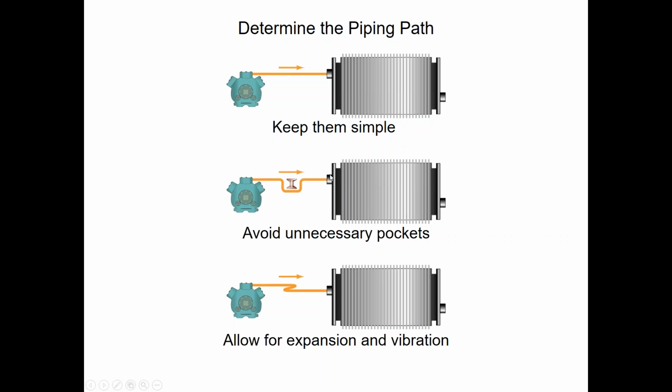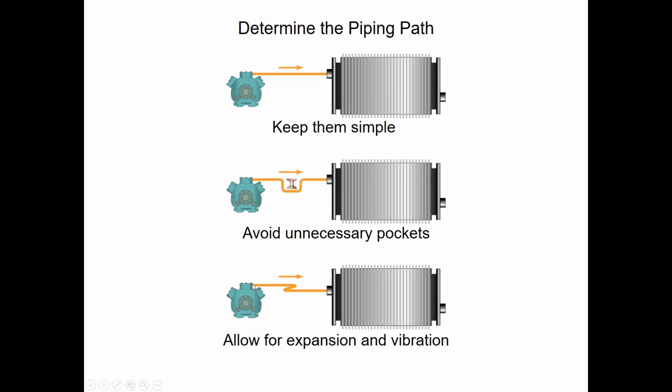And that's just a lot of area for oil to sit there when the compressor or system is at low capacity, low load. So we need to think about that with pipe sizing as well. And again, when we get into the charts, I'll talk about that a little bit more. Okay, so avoid unnecessary traps or pockets. Always allow for expansion and vibration of the piping.